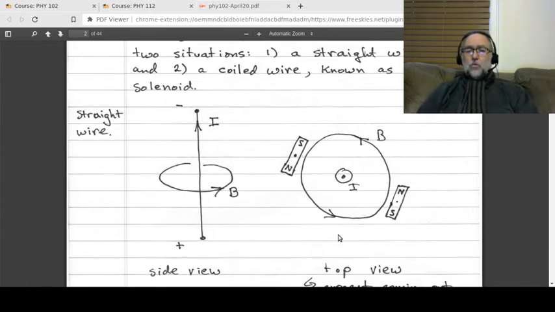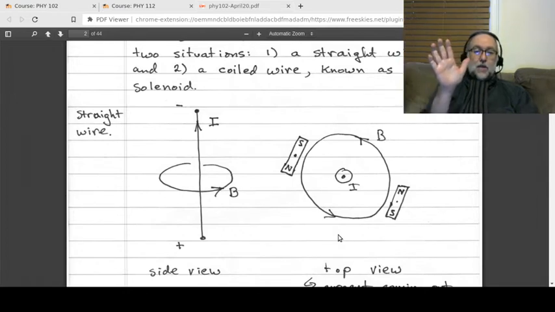The way the right-hand rule works in this particular situation is you take your right hand and you point your thumb in the direction of the current. You can see here, here's the current over here. The current is going up, so I'm going to point my thumb up. You'll notice that my fingers curl around my thumb, and they point in the direction in which the magnetic field is going to circulate. It takes a little bit of thinking about it, but just point your thumb in the direction of the current.